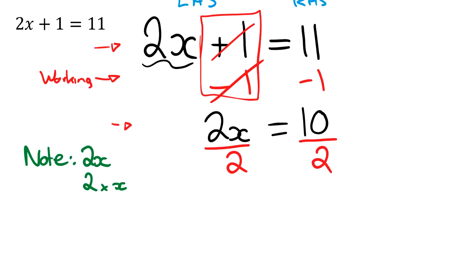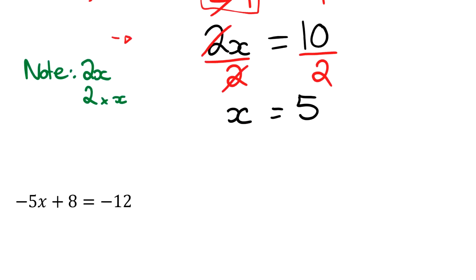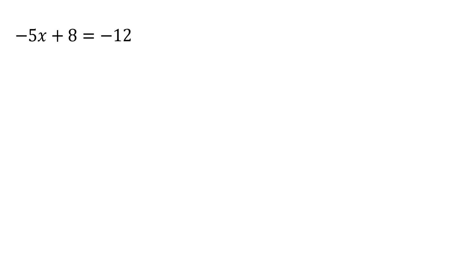We tend to write them as a fraction like that. You can write them like this, but it's probably better practice to do it as a fraction. Now, these 2's cancel out, and the only thing left over is my x, which is what we were after. The equal sign's there, and then 10 divided by 2 is 5. So x equals 5.